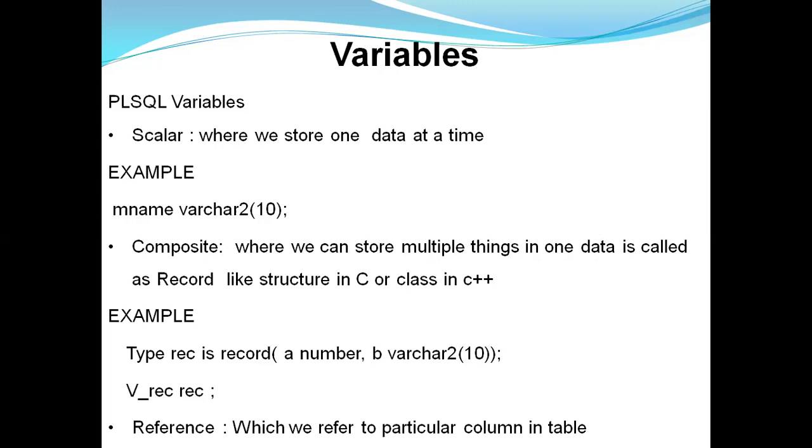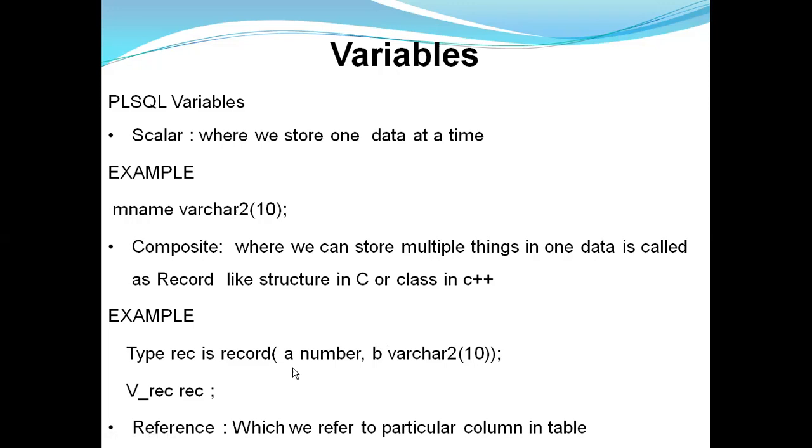Then in brackets, we define what fields or attributes will be part of that record. So we say A is the first field name, data type number, B is the second field name, data type varchar2 10.